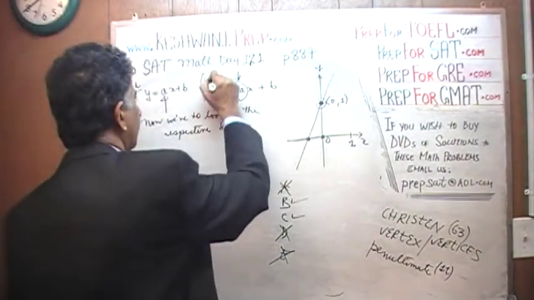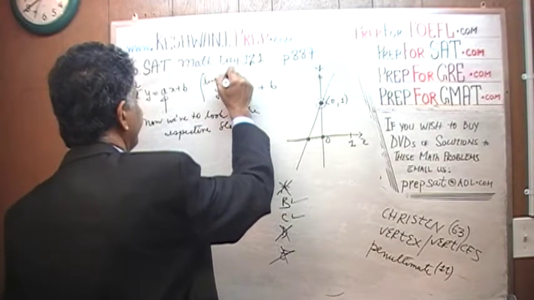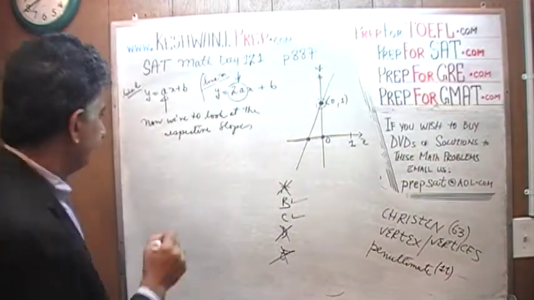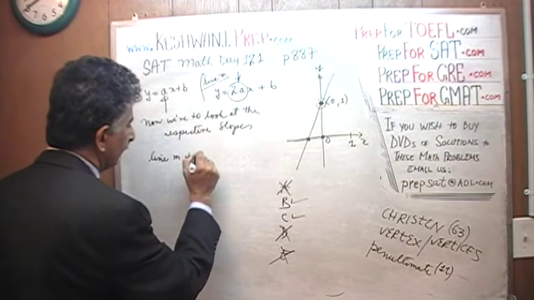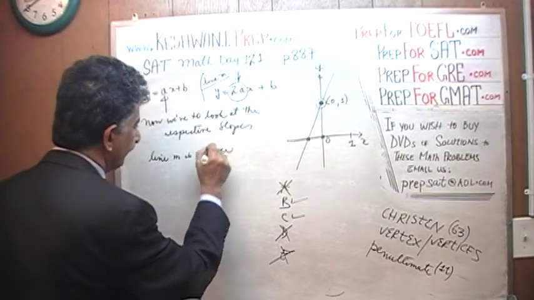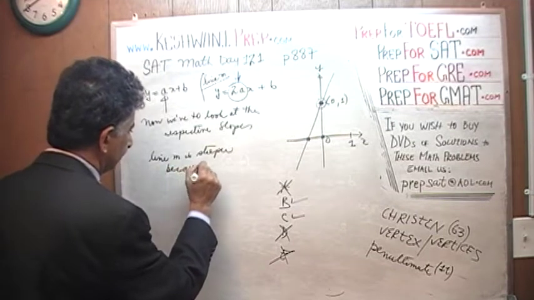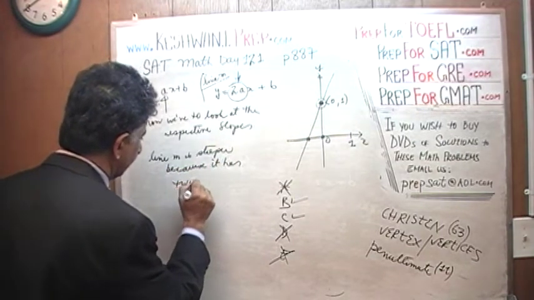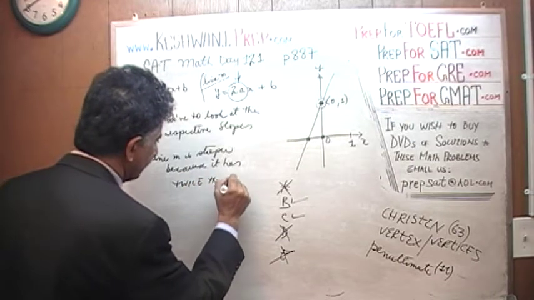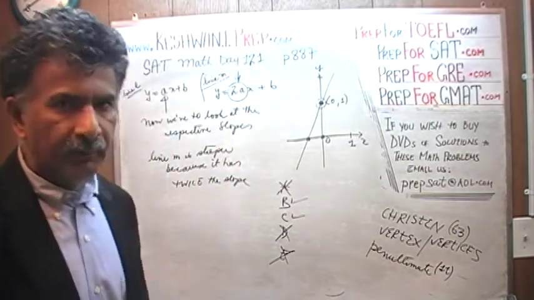And let's call it line M. Line M is steeper because it has twice the slope.